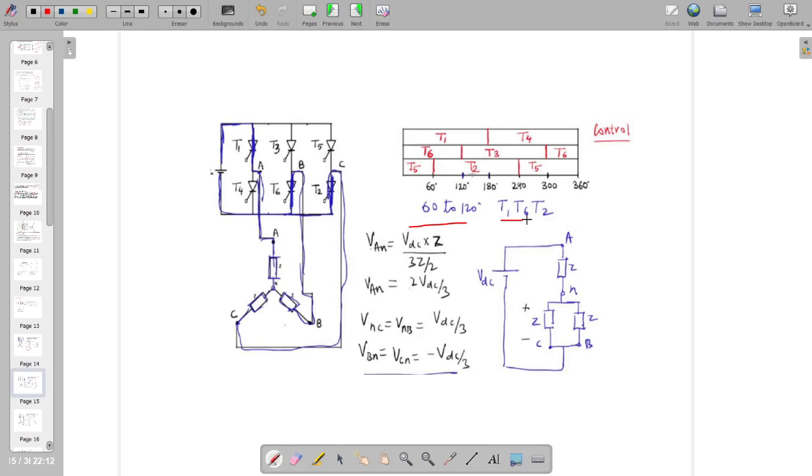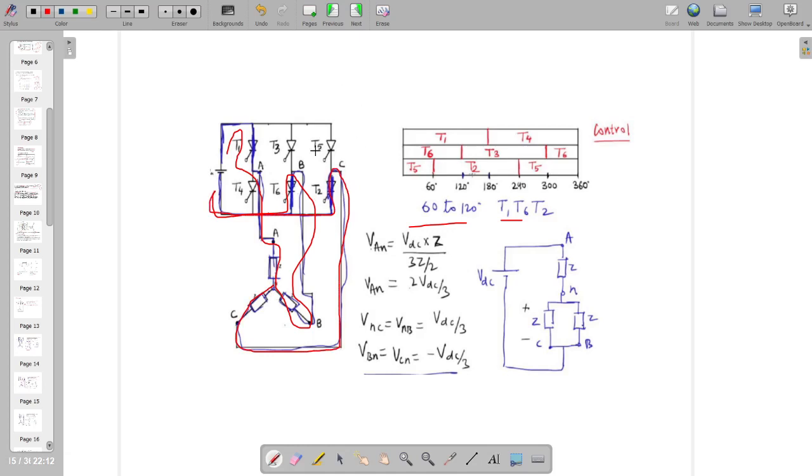T1, T6 and T2 are in the conduction mode. T1 is connected to A, T6 to B, and this C is connected also to C. Current goes from T1 through the load back to the supply, and from C through T2 back to the supply.